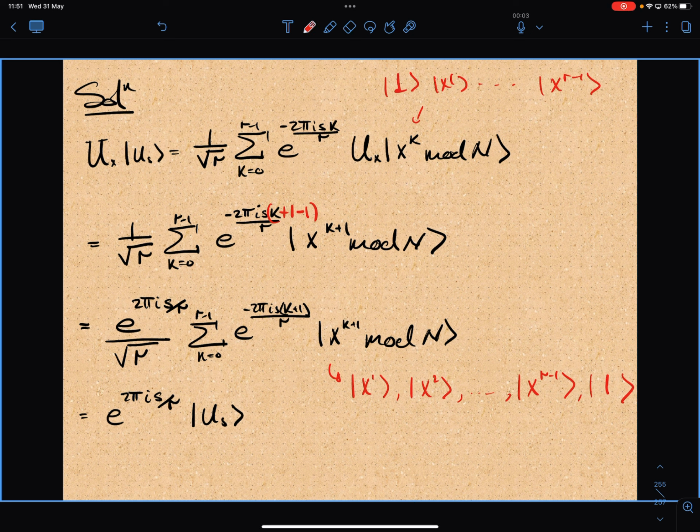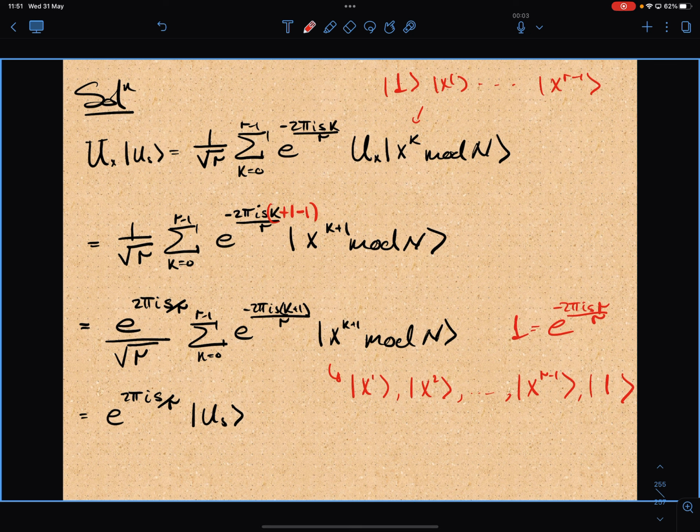In the exponent, they will still have different phases? No, because they match, and it's going to cycle through. If you look at the last phase, it's going to be e to the minus 2 pi i s r over r, so it's going to be e to the 2 pi i s.